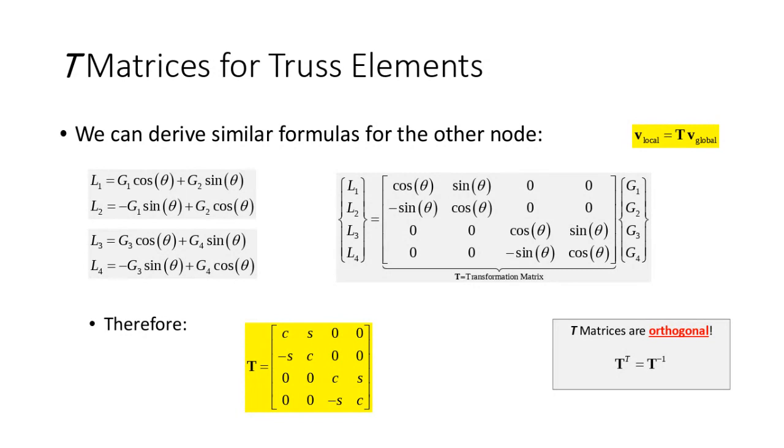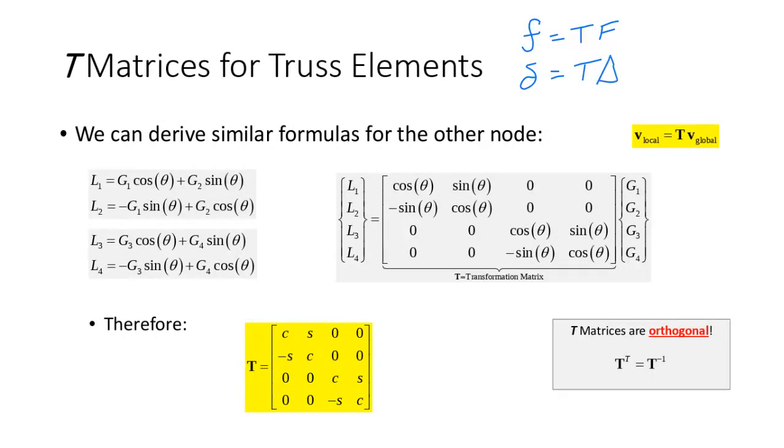Now, here's what I want to show you. If you wanted to find local forces, you take the transformation matrix times global forces. If you wanted to find local displacements, take the transformation matrix times global displacements.